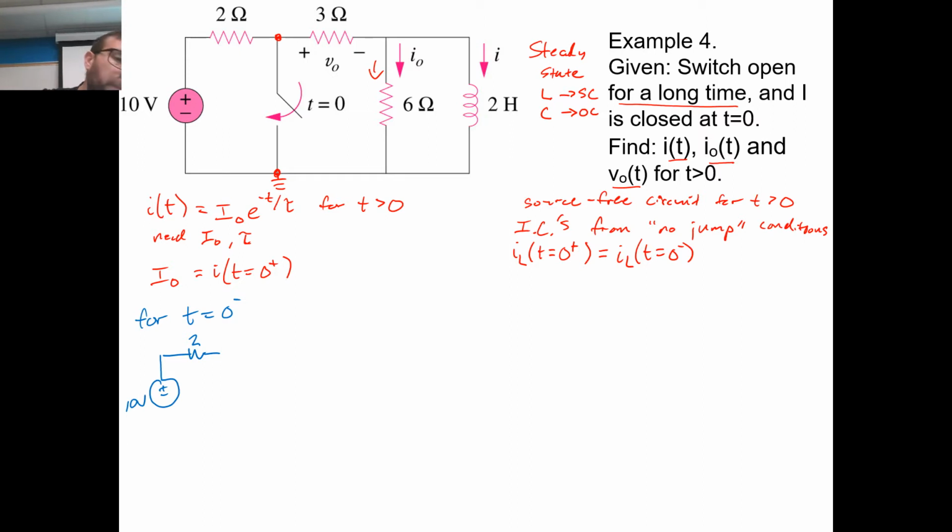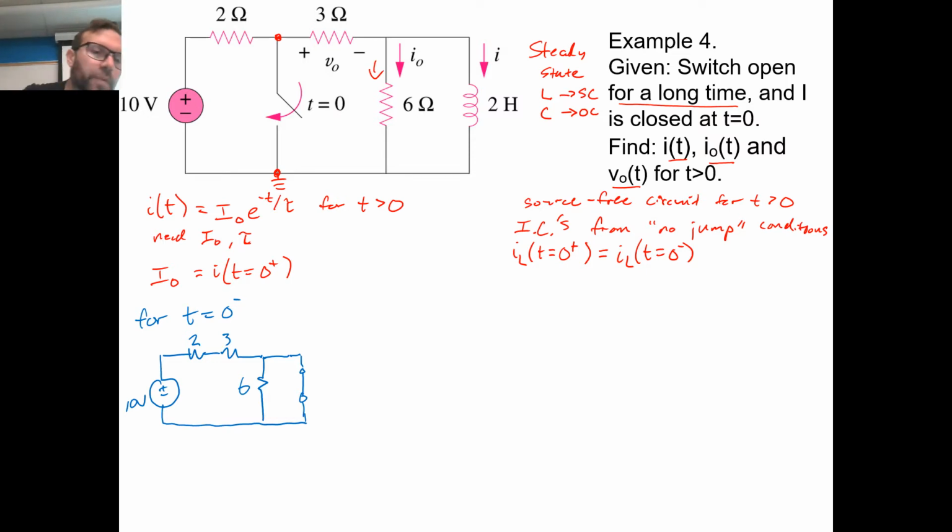That switch is open, so we really just have a 3 ohm resistor, a 6 ohm resistor, and the inductor, but the inductor behaves like a short when it's fully magnetized, under steady state.